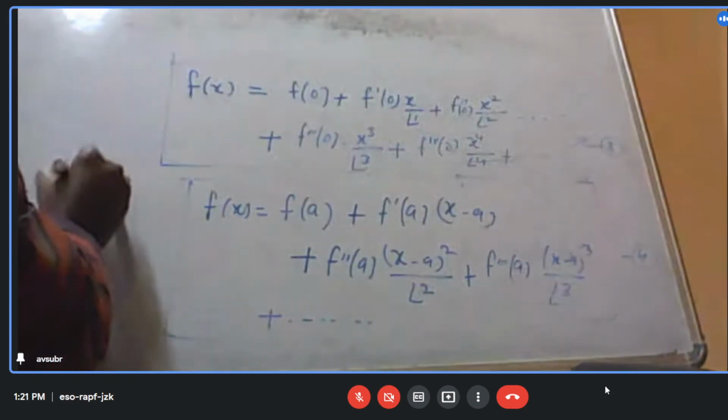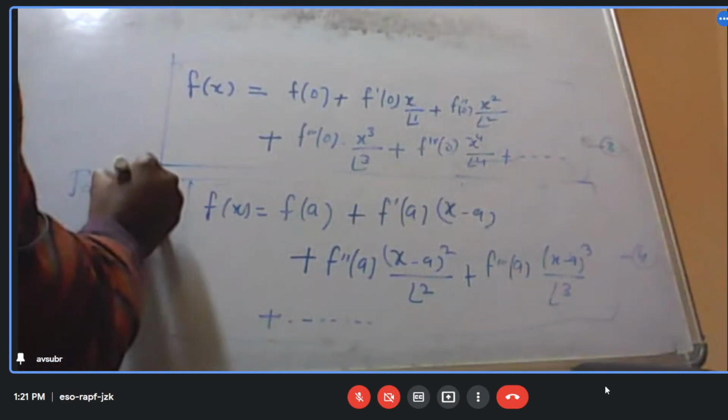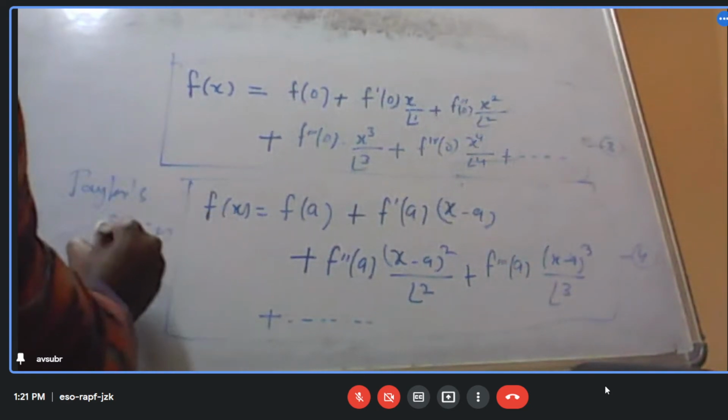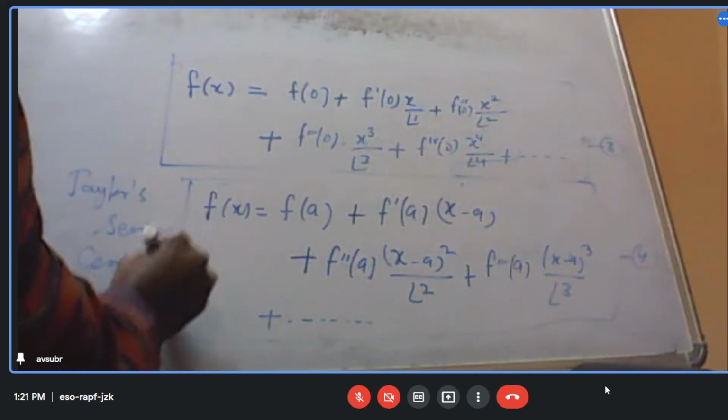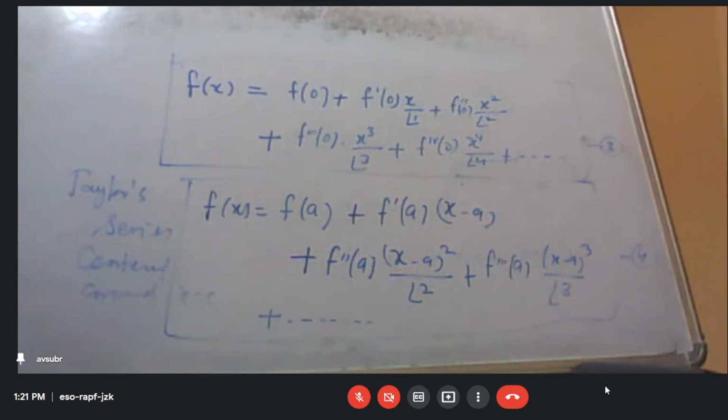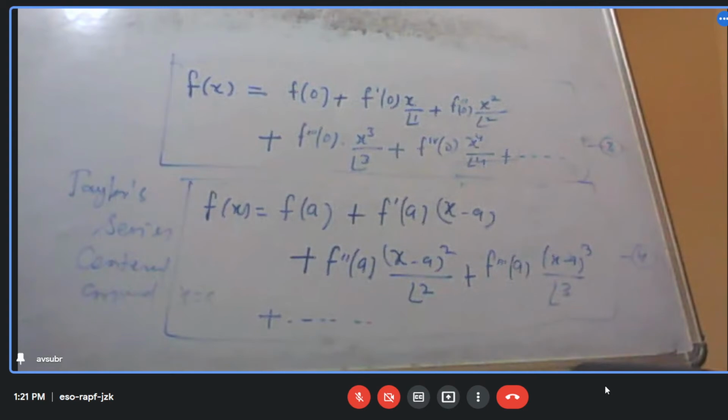This is the Taylor series centered around x equal to a. I hope it is clear.